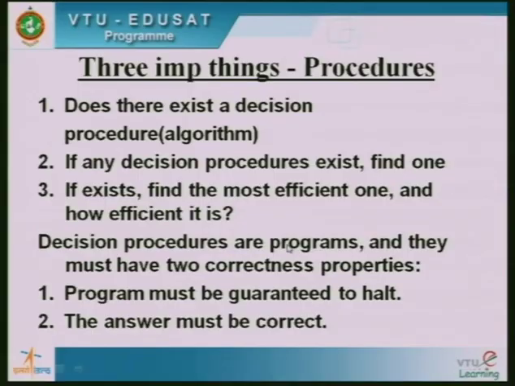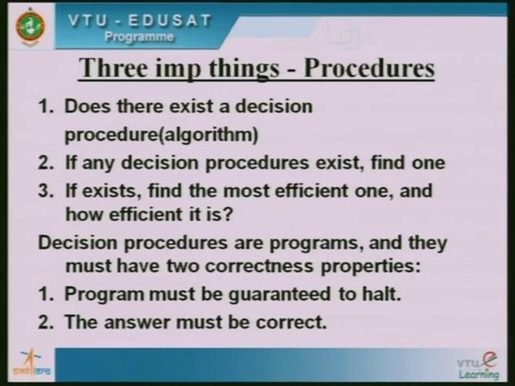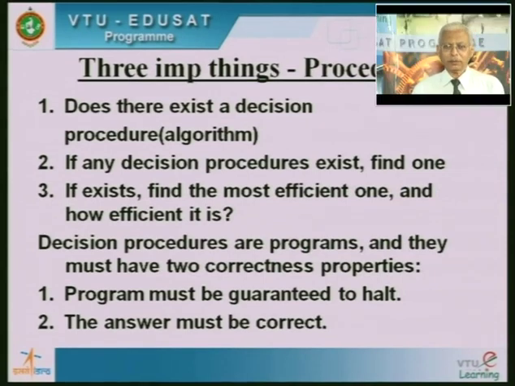So, all our efforts in engineering will be, when you find a method, you should be efficient. In computer science, when you say efficient, it should take less time and also less memory. So, decision procedures are programs. Any algorithm is a program and they must have 2 correctness properties. The program must be guaranteed to halt.